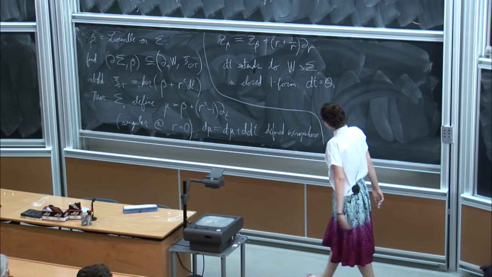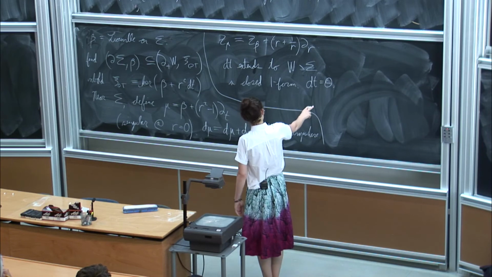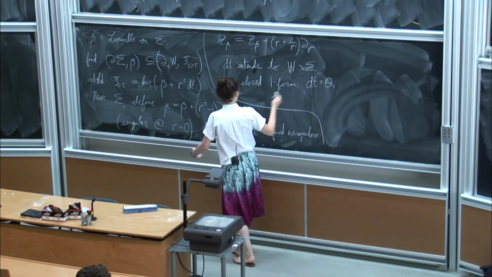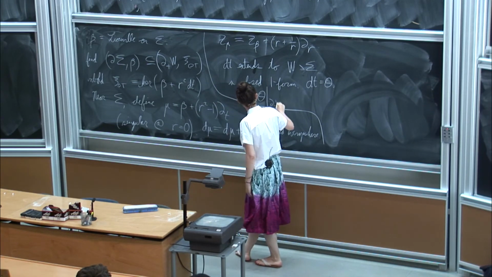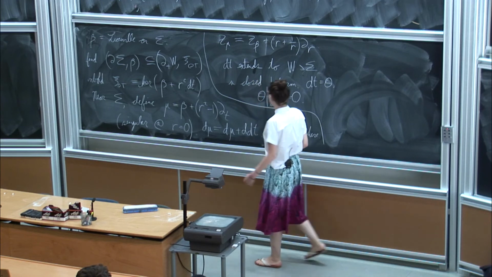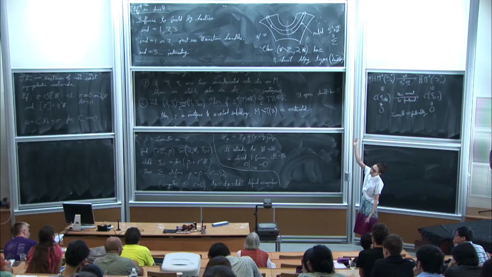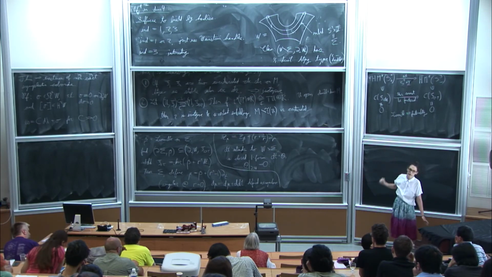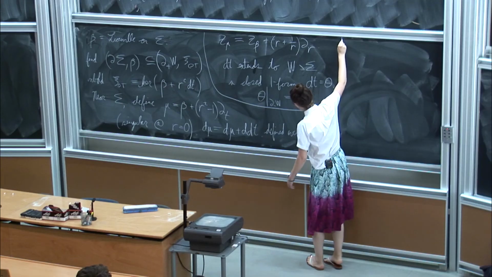And let's also assume, which of course I can do, that theta is just 0 on the negative boundary, which isn't interacting with the homology of this divisor at all, so that's easy to do by adding something exact.